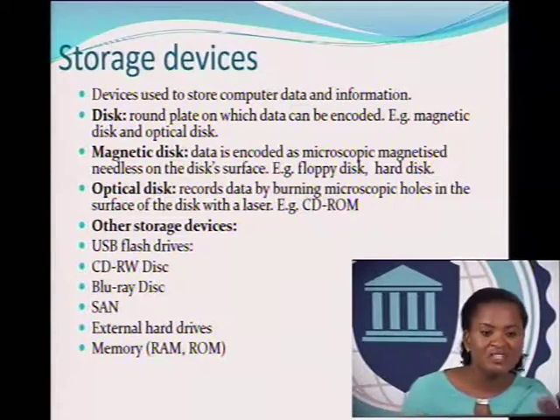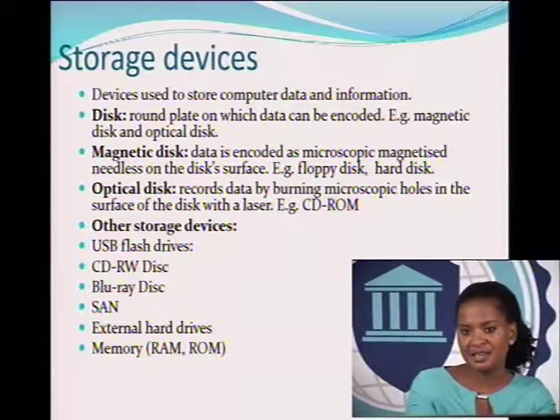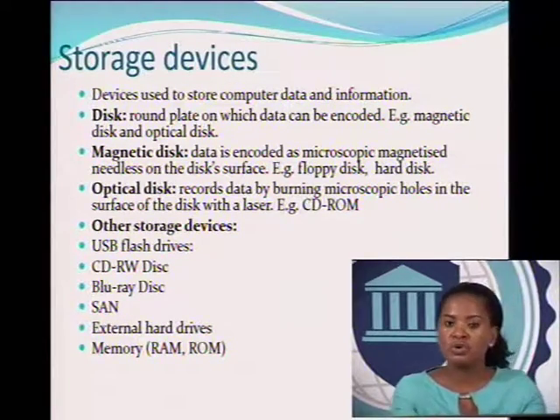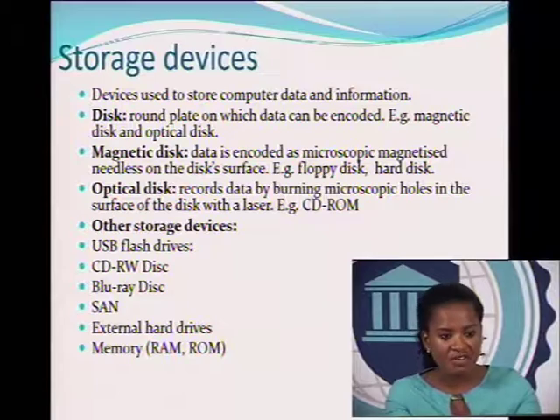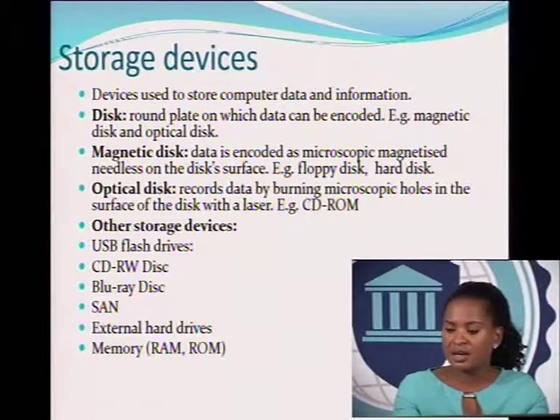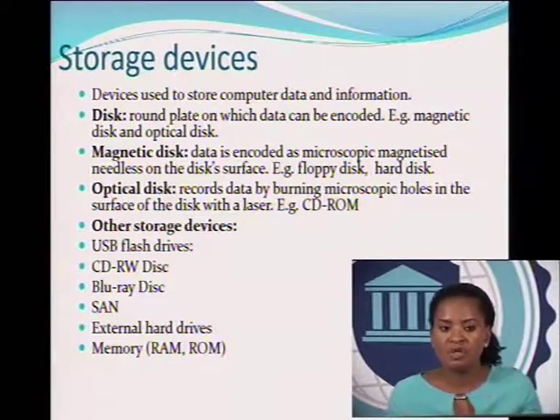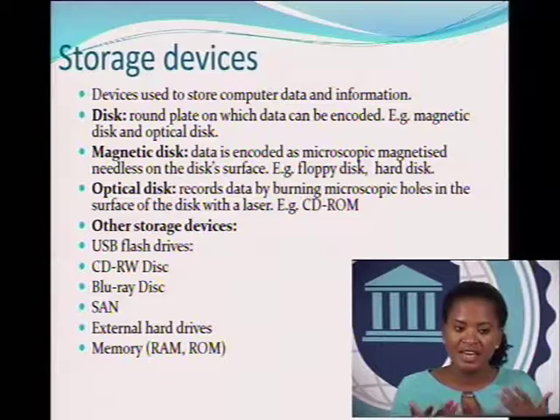Now, for the permanent storage devices that can be attached to your computer, we've got a disk, a hard drive, which could be an internal hard drive or an external hard drive. You've got the memory stick, the floppy drive, and so on.